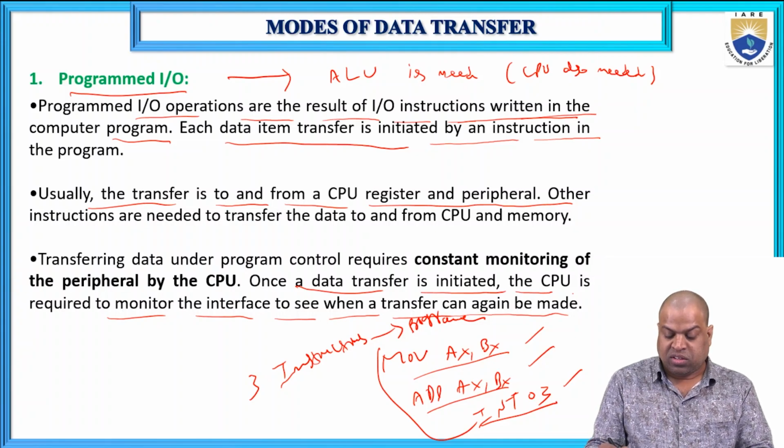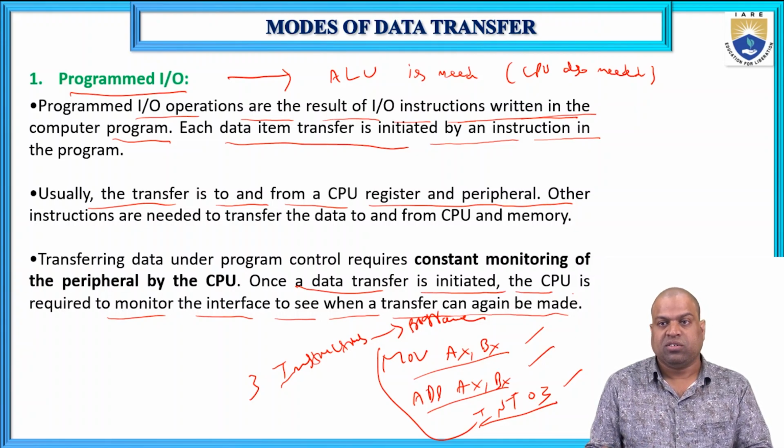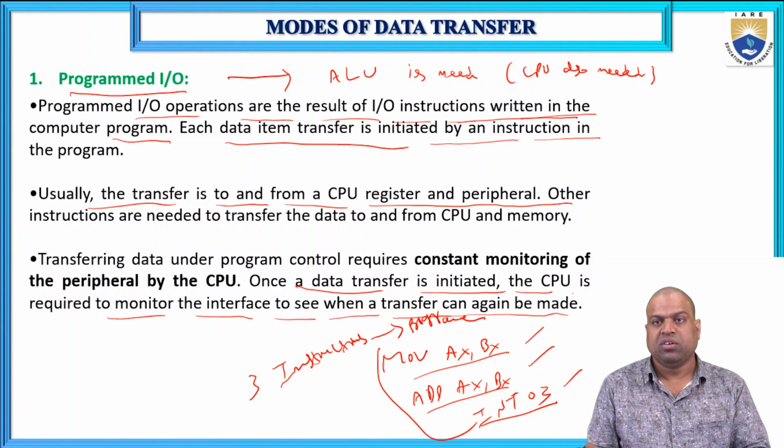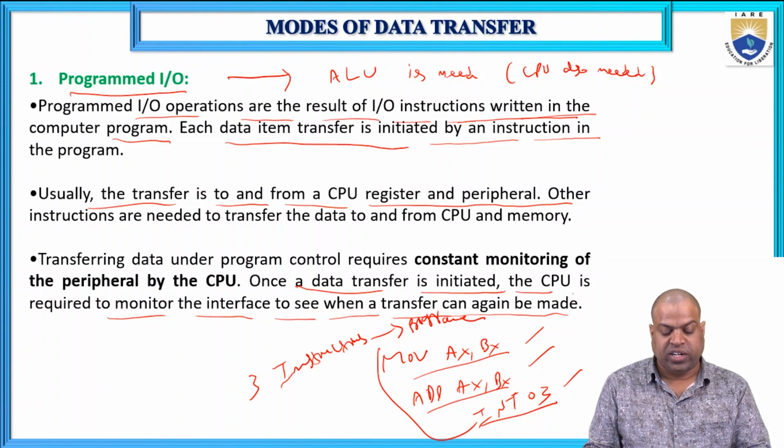So when the program is initiated through the instructions, the CPU and memory are interconnected. Without a memory, we can't execute this instruction or program. So definitely the CPU is connected with memory, and transferring the data under program control requires constant monitoring of the peripheral by the CPU.